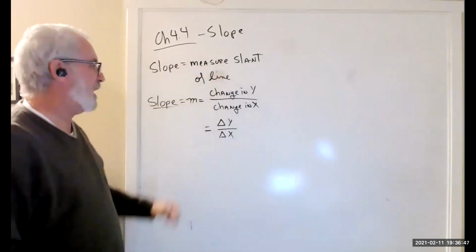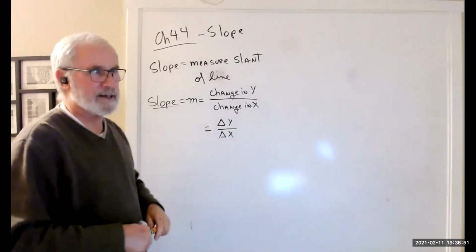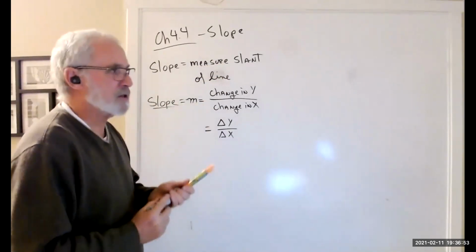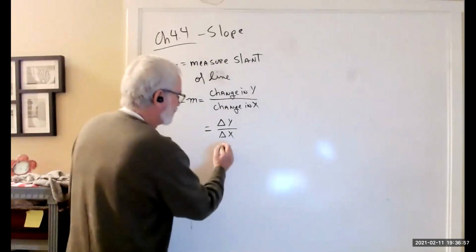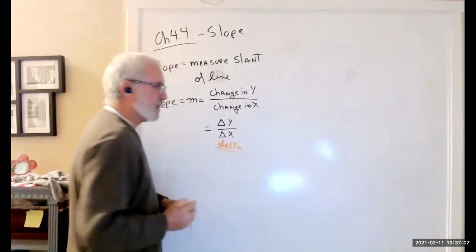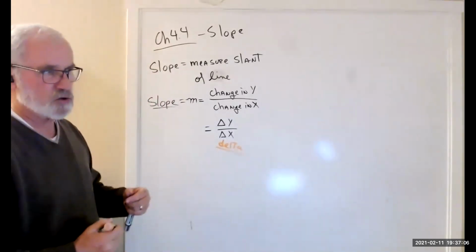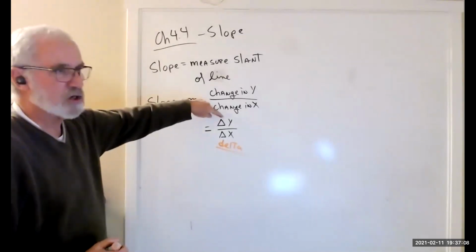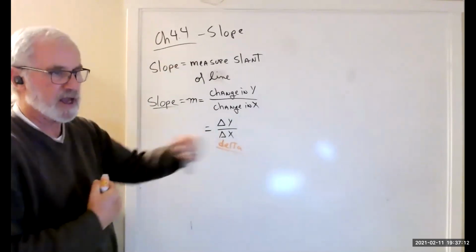And in science, they use the Greek letter triangle, which is read delta. You don't need to know this. That's not going to be on the test, but you may run into it. This is called delta, D-E-L-T-A. It's the Greek letter, and in science, it means change. The change in y, how did the y values change compared to the x values?